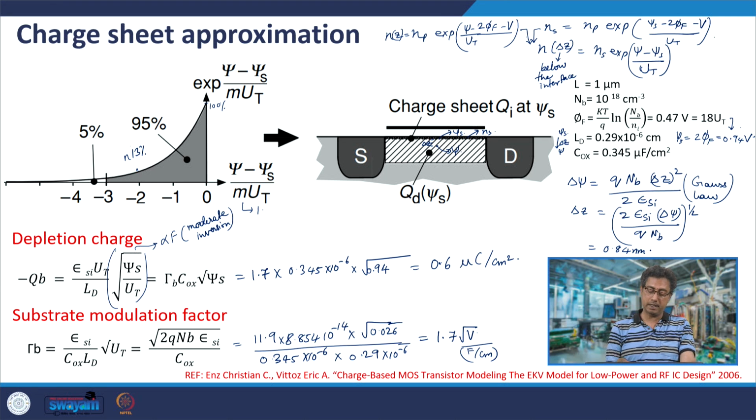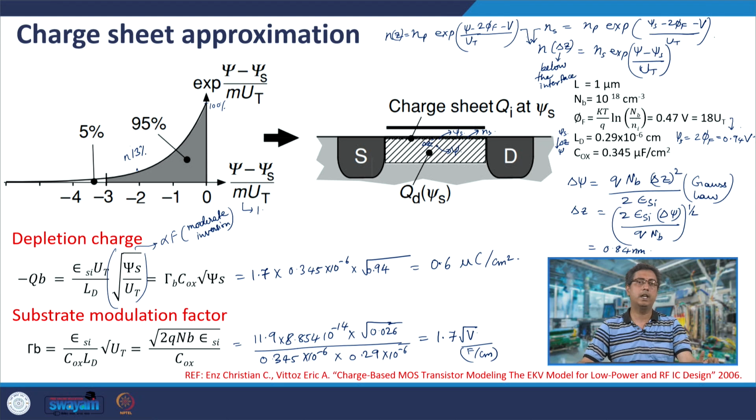So, what you are saying is that as you move 0.84 nanometer below the interface, that is nearly 1 nanometer below the interface, the inversion charge density reduces to 10% of its value at the interface. Whatever is the inversion charge density's value at the interface, it reduces to about 10% or 13% as you move just nearly 1 nanometer below the interface.